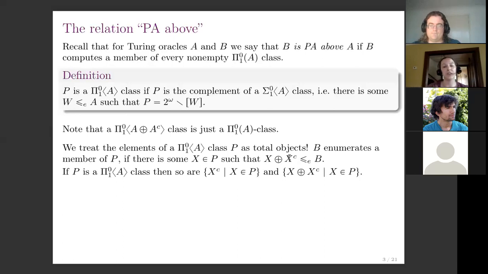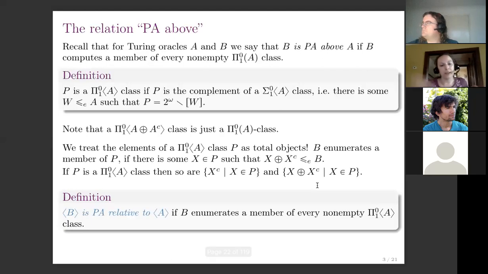A justification for this is that if P is a Π⁰₁ relative to A class, then so is the set of all X join X complement for X in P. So we wouldn't gain anything by not treating these members of Π⁰₁ relative to A classes as total objects, because the total objects will appear in the list as well.